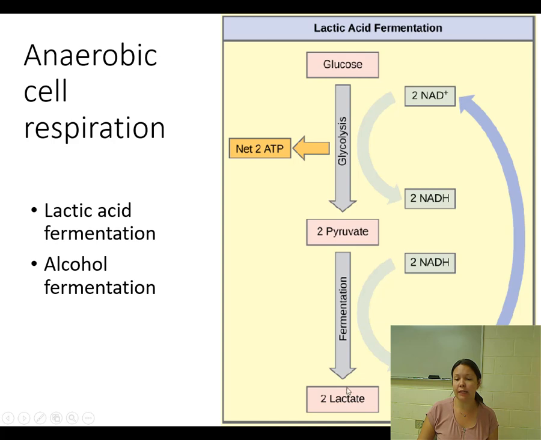So from 2 pyruvates, you generate 2 lactates or 2 lactic acids. Same would be for alcohol, and you're using those NADH carriers. So from anaerobic cell respiration, you really only generate 2 ATP because out of those 3 steps from aerobic, you only use glycolysis and then a short fermentation step.